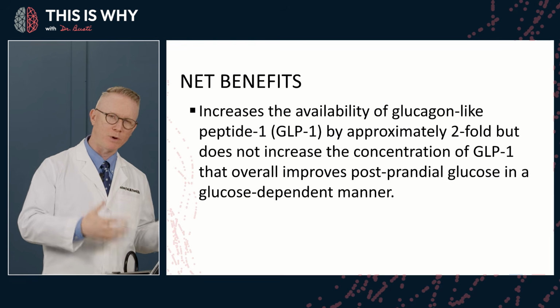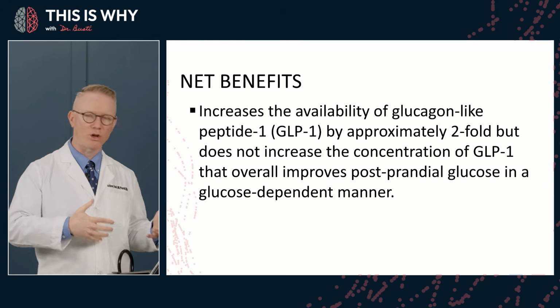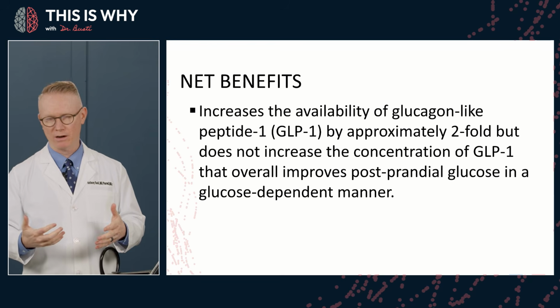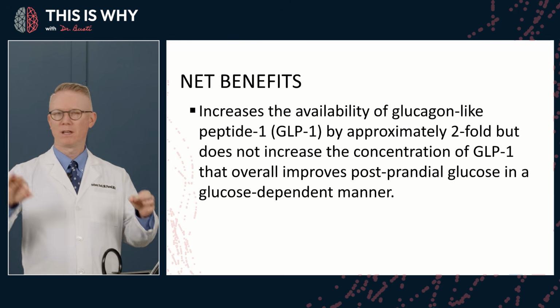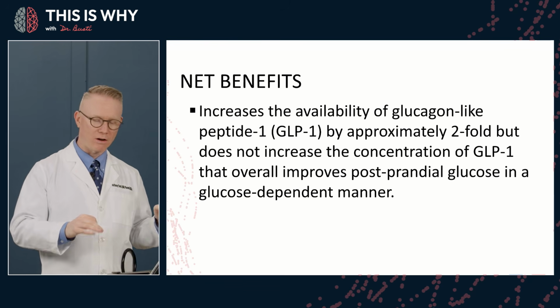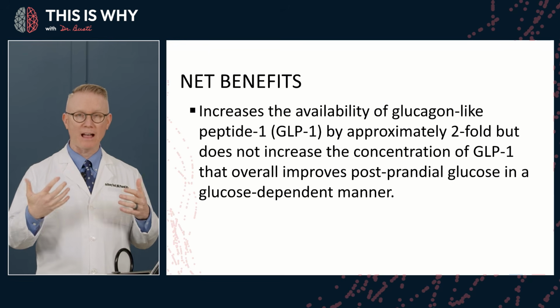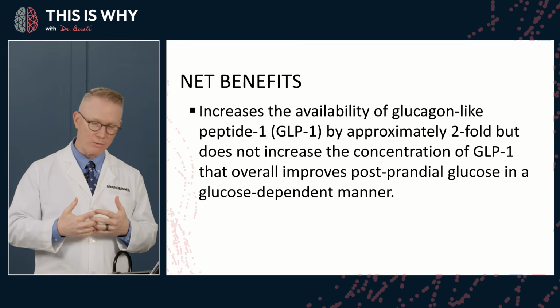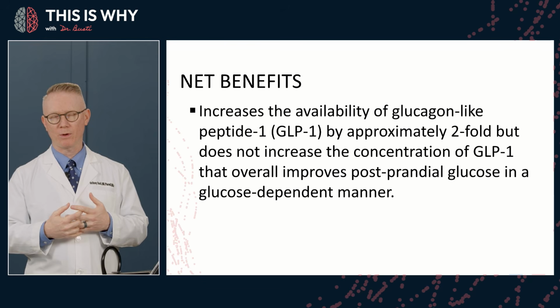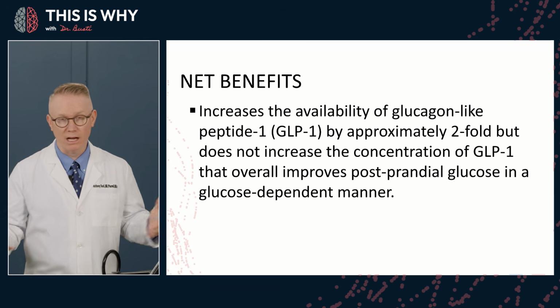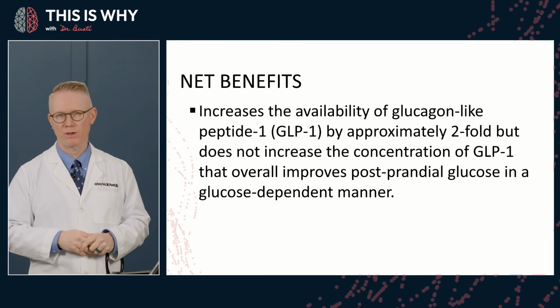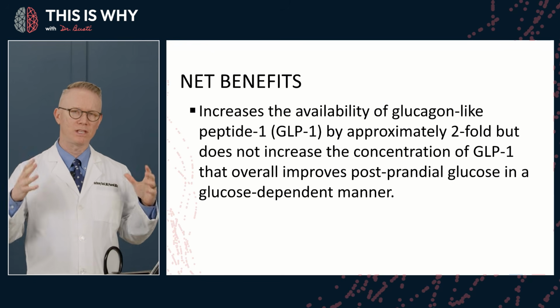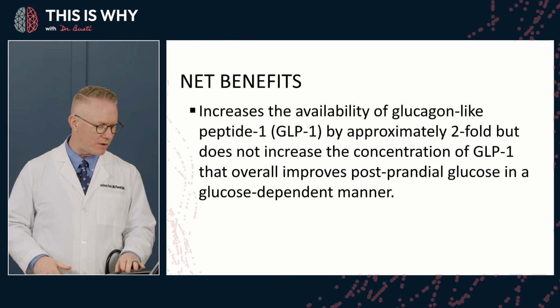That has effect on the postprandial glucose in a glucose-dependent manner, right? Not just random and however it wants to, but it's a glucose-dependent manner. And in addition to that, there's a value of not causing weight gain, very low risk of hypoglycemia, and so it's not going to worsen the progression of the disease like secretagogues do. We'll talk about those in a minute, right? So this is the net value of the drug in the drug class.